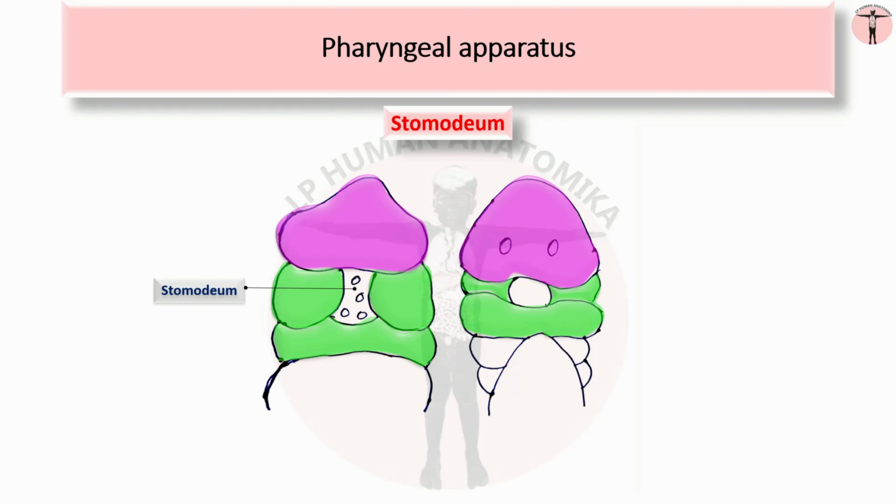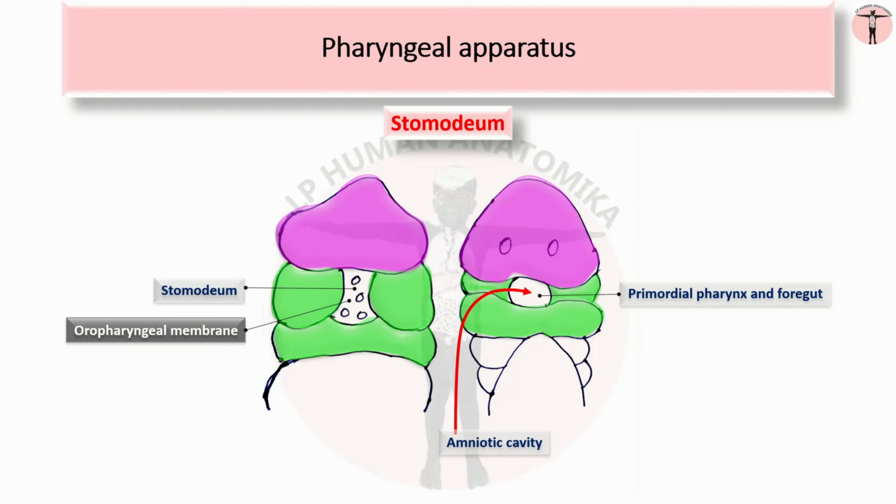The stomodeum is separated from the cavity of the primordial pharynx by a bilaminar membrane called the oropharyngeal membrane, which is formed by the fusion of ectoderm and endoderm. This membrane ruptures approximately by 26 days, and the amniotic cavity communicates with the primordial pharynx and the foregut.